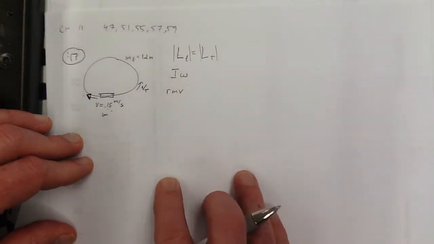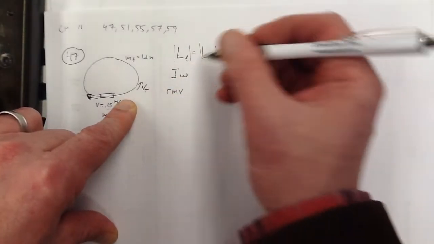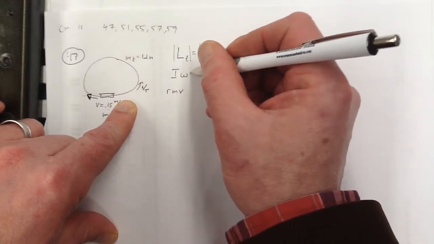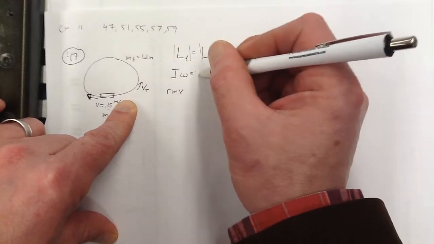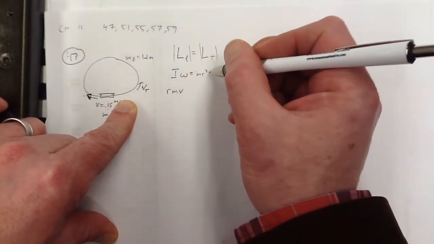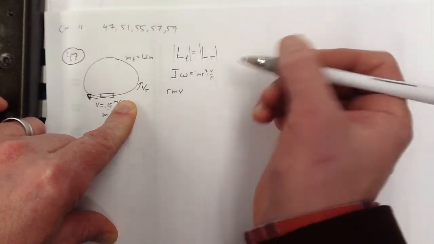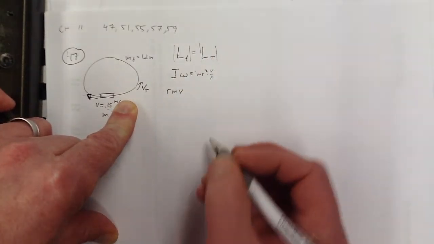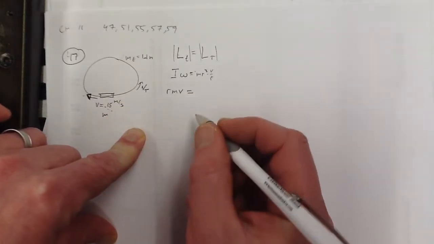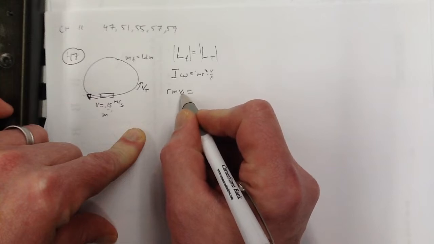You could do either one of these. I'm going to show you here that those are in fact the same, because this would be mr squared, and then this omega would be v over r, and one of those r's would cancel. So whichever way you do it, it boils down to r m v, and that's the v of the train.